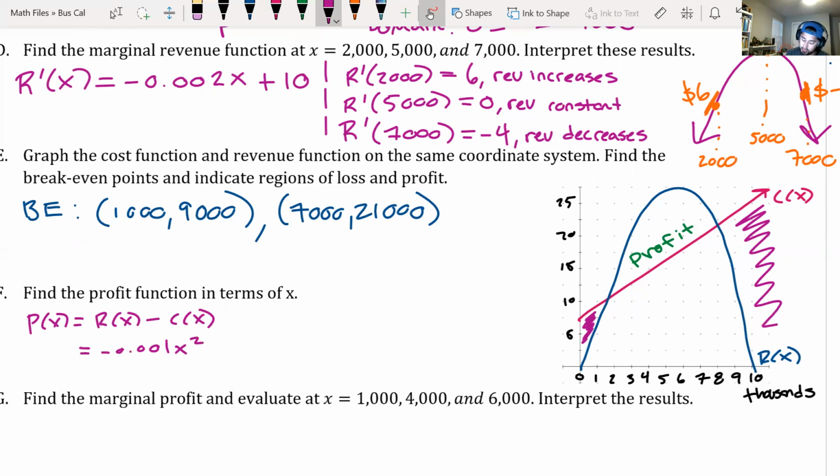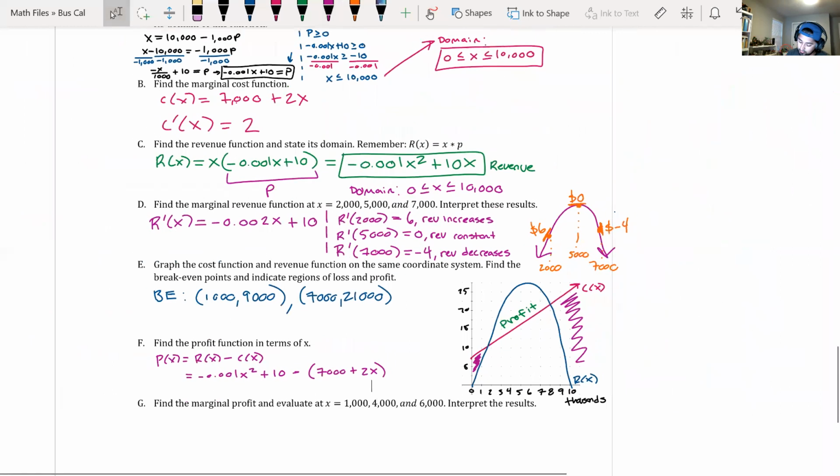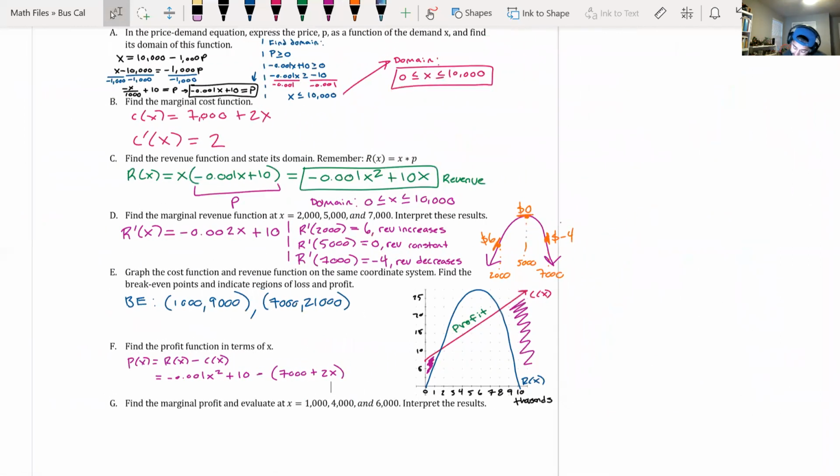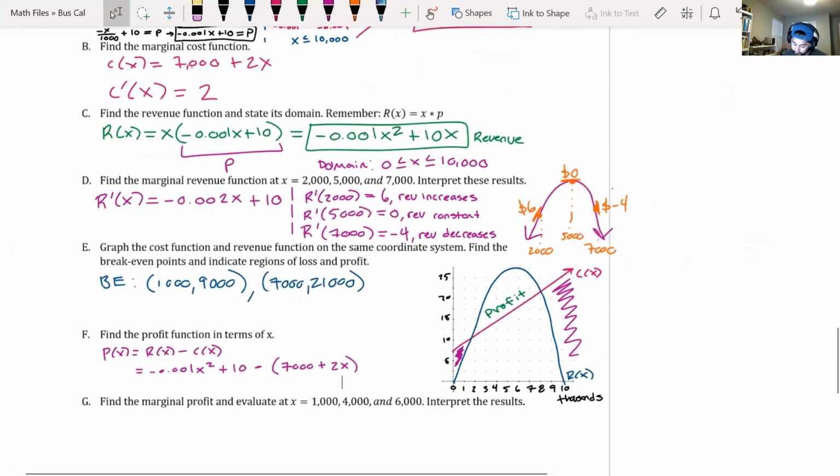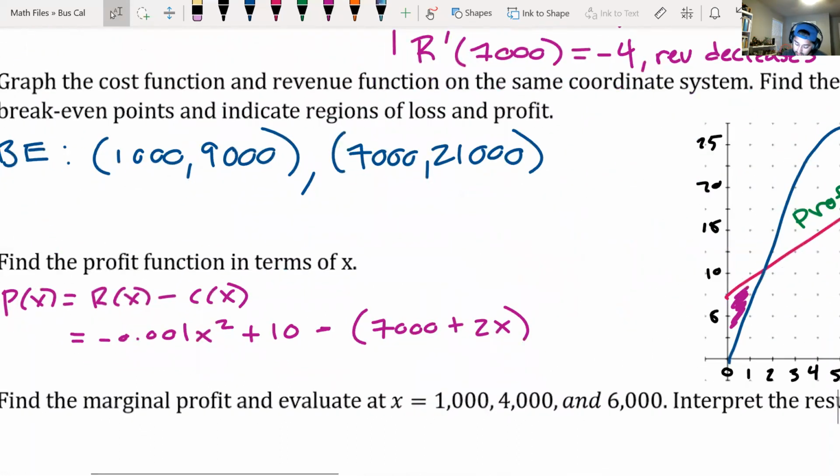So revenue is negative 0.001x squared plus 10x, minus our cost function of 7,000 plus 2x. Let me make sure I have that right. Good. Cost 7,000 plus 2x. Revenue negative 0.001x squared plus 10x. Don't forget that x. Okay.